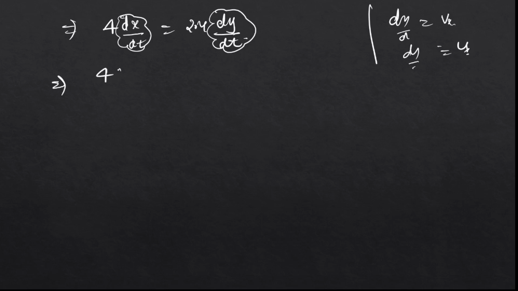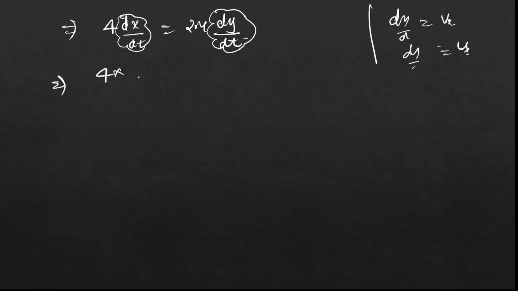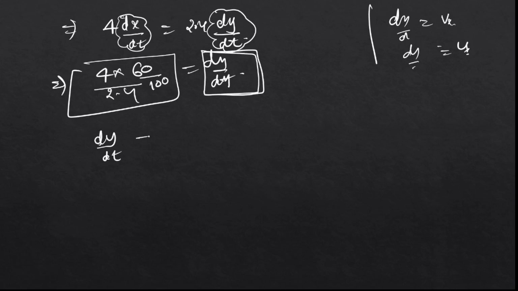From here, the velocity of the man which we have been given is 60 centimeter per second. Converting it into meter, and dividing by 2.4, that would be dy upon dt. This is the velocity of that particular shadow, right? So this is what was asked in this question. Just solve this and find the answer.